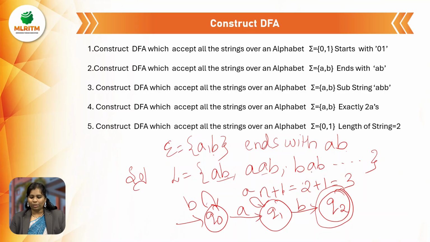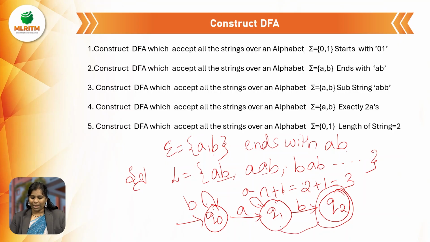Next, suppose here we gave A, B. Whenever we give the self loop A, B, it will be A, B, B, B, B. But the condition is it has to end with A, A, B. So only AB must be at the end, so whenever we use ends with, it has to use backtracking.